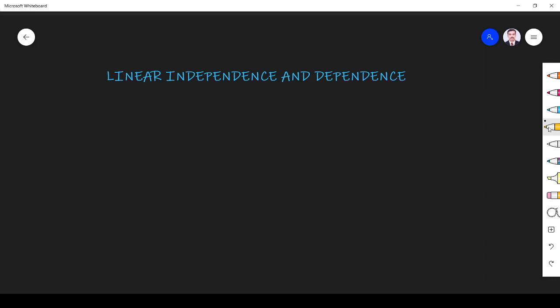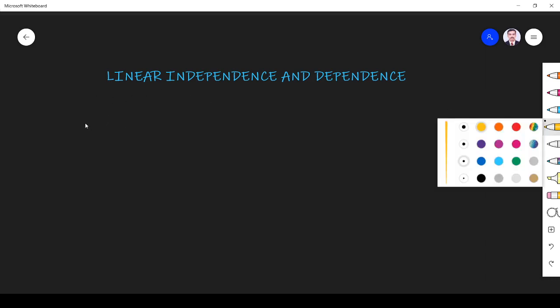First I define the meaning of linear independence and dependence.